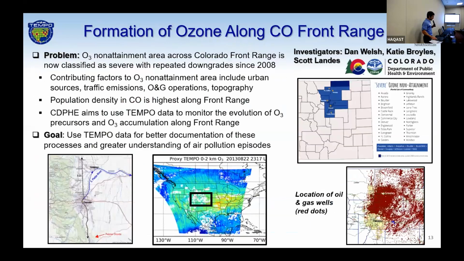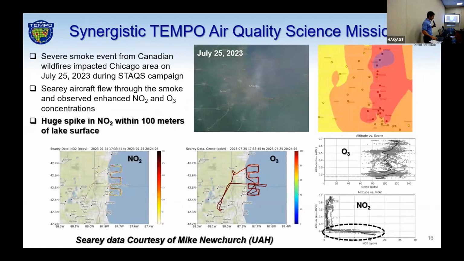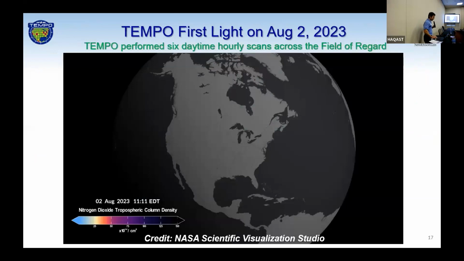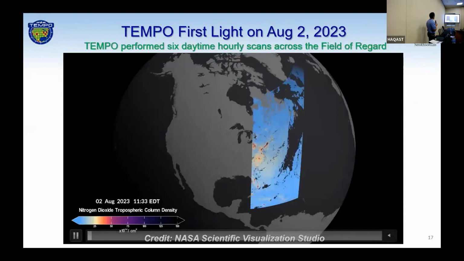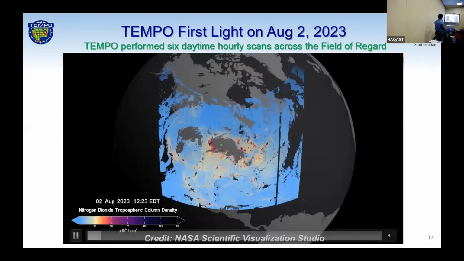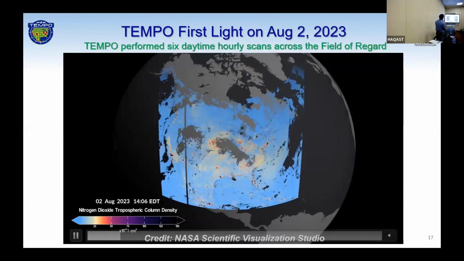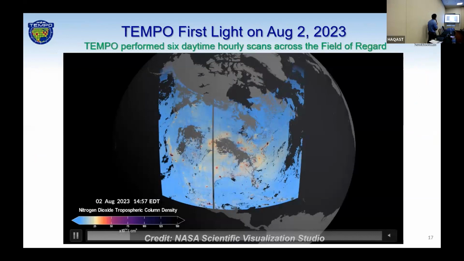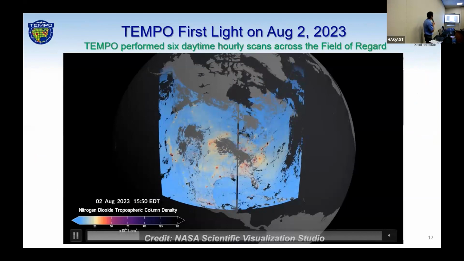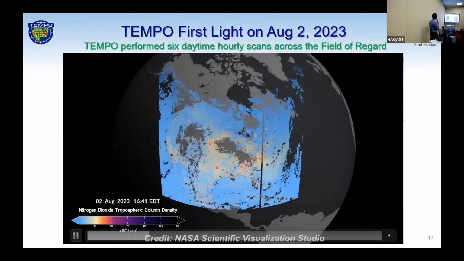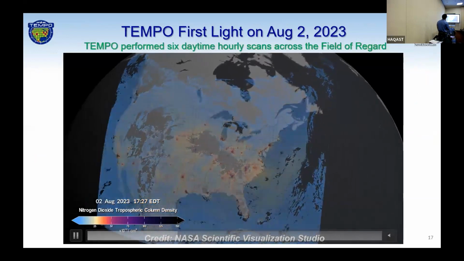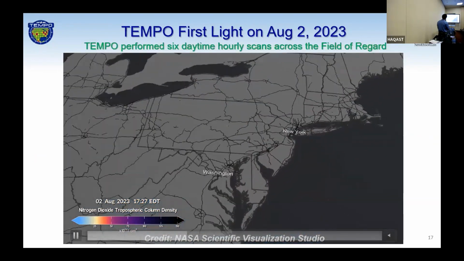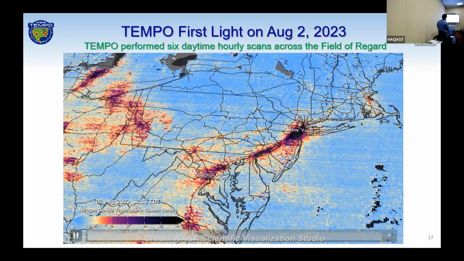So I'm going to jump right into our first light. John Haynes showed this earlier. I'll just show it again because it's beautiful data to look at. This was our first light on August 2nd. We performed 6 daytime hourly scans across our Tempo field of regard on that day. And you'll see we're looking at the whole field of regard. We'll zoom in on the northeast corridor in a minute and look at the high NO2 emissions from the traffic corridors.